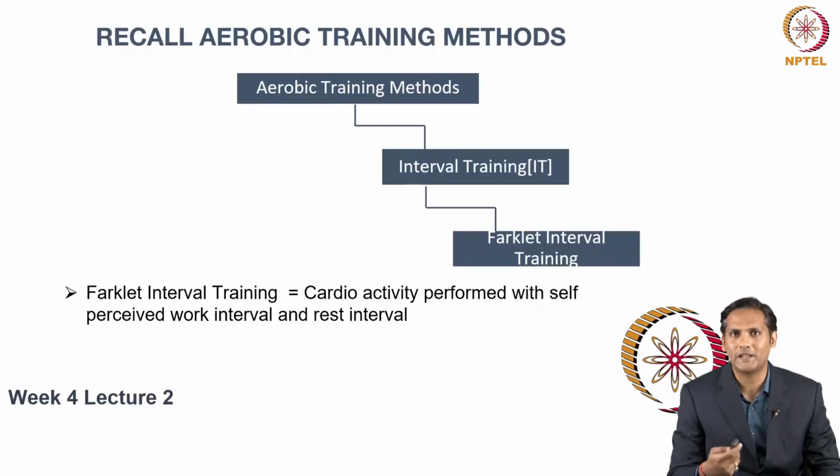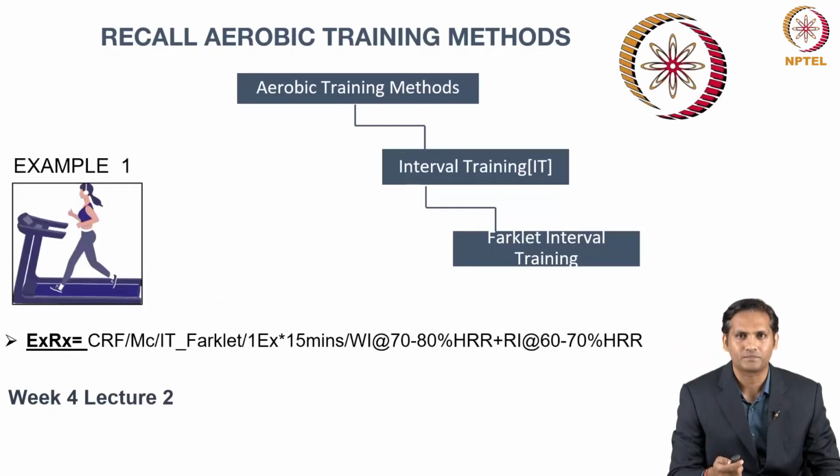Let's relate it with an example to understand more. Let's use the common mode of aerobic training that is done in the gym, the treadmill walk or treadmill run. Explore the prescription for what it means. You are training aerobic respiratory fitness, you are using a machine, and you are using interval training, Fartlek, as the mode of training.